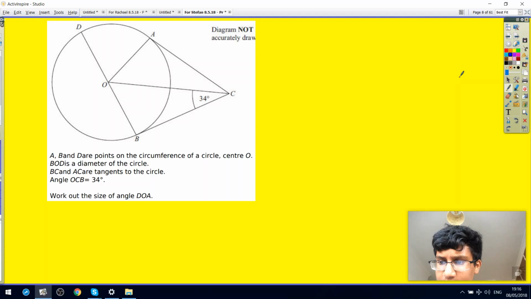Okay, so we know that this is 34 degrees here. And we know that because it's a tangent on the circle, angle B would just be a 90-degree angle. And because of that, so 90 plus 100.